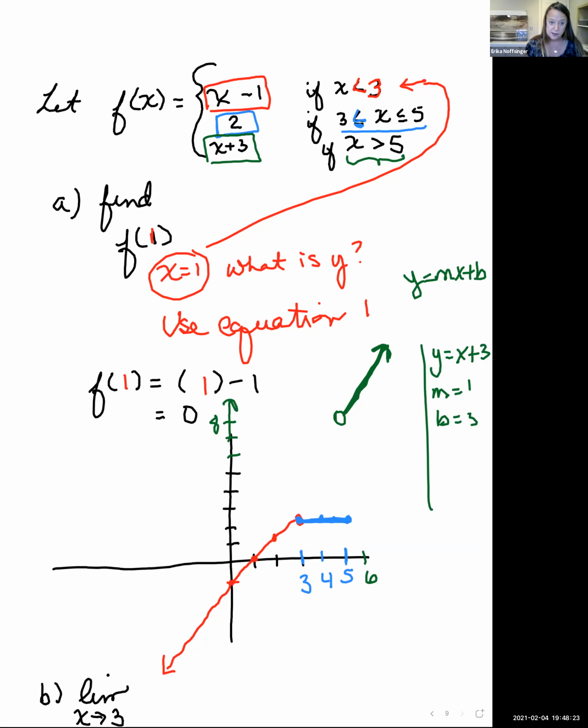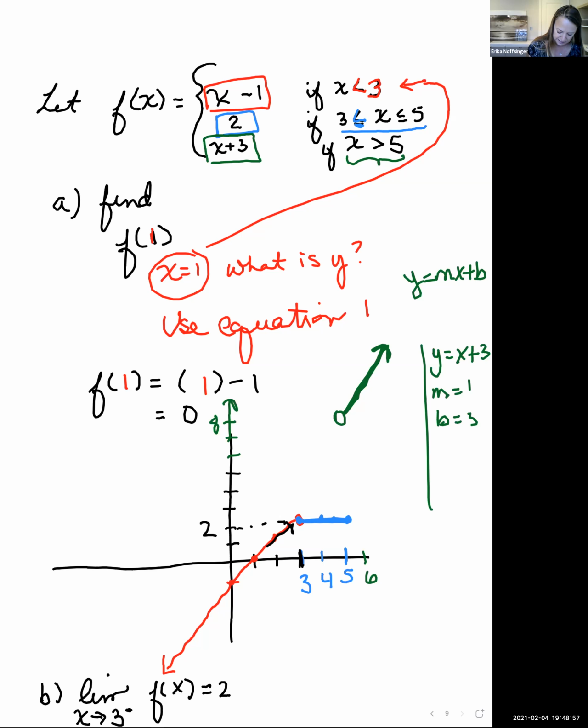So remember, for a limit that exists, both the left-hand side and the right-hand side have to exist. So let's look at the limit as x approaches 3 on the left of f of x. Well, I have the graph here, so I could just look at it. As I'm getting closer and closer to x equals 3, my y value is getting closer and closer to 2. So this would equal 2.